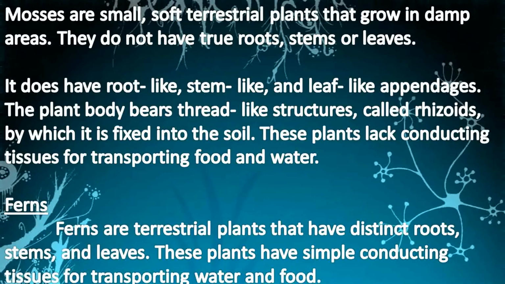These plants lack conducting tissues for transporting food and water. Ferns are terrestrial plants that have distinct roots, stems, and leaves. These plants have simple conducting tissues for transporting water and food.